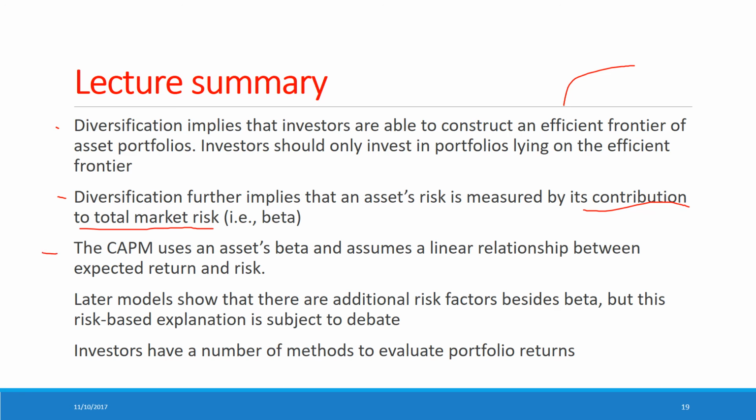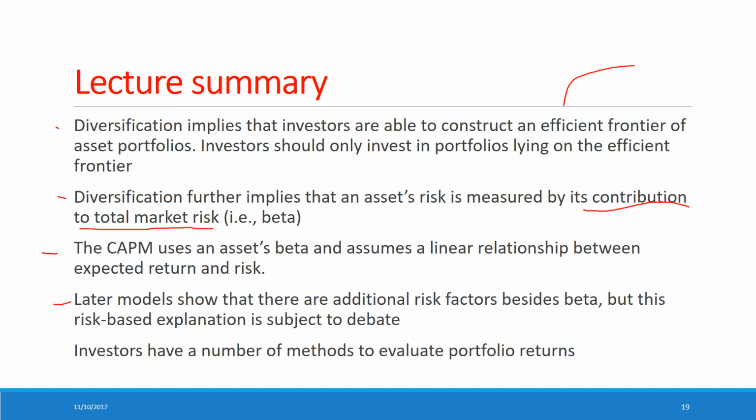We then introduce the CAPM model. So the CAPM model is the model we use to measure individual asset risk and returns given the asset's sensitivity to the market portfolio. So the CAPM model assumes a linear relationship between expected returns and risk, and the slope of the relationship is given by beta, which is the standardized co-movement between the asset returns and the market returns.